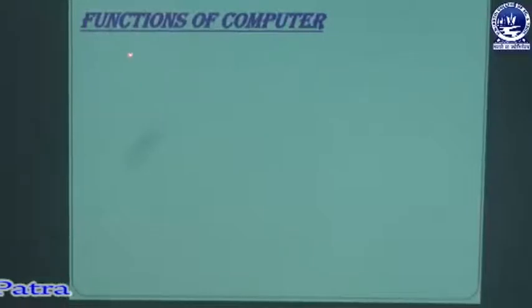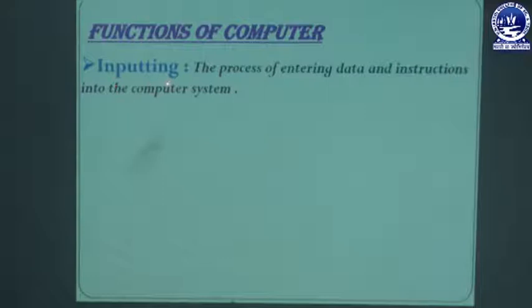So let's see what the functions of a computer are. From the definition you can guess what the work of a computer is. But let's see what the functional units or the basic functions of a computer are. Coming to the functions of a computer, the first function is inputting.